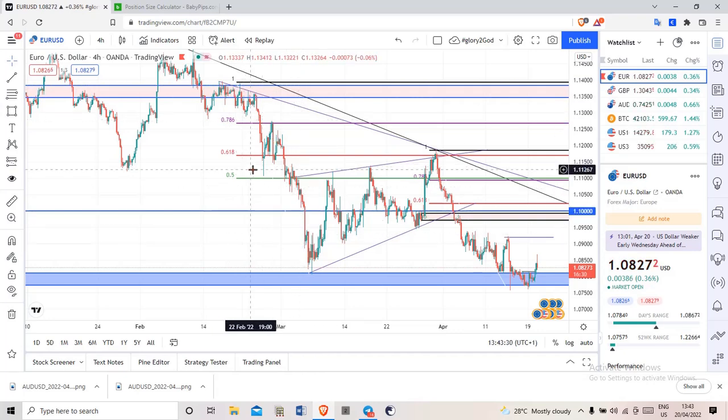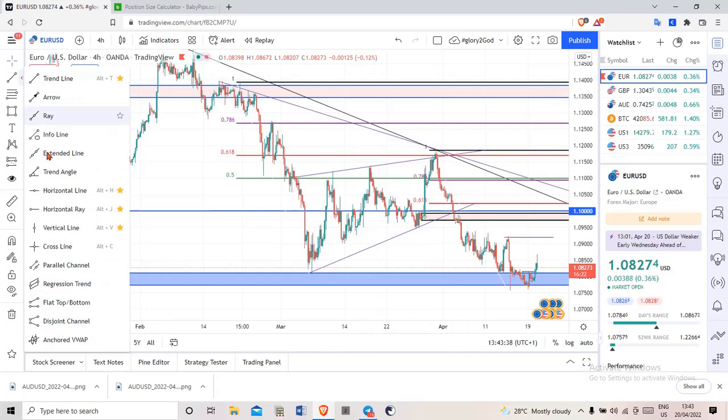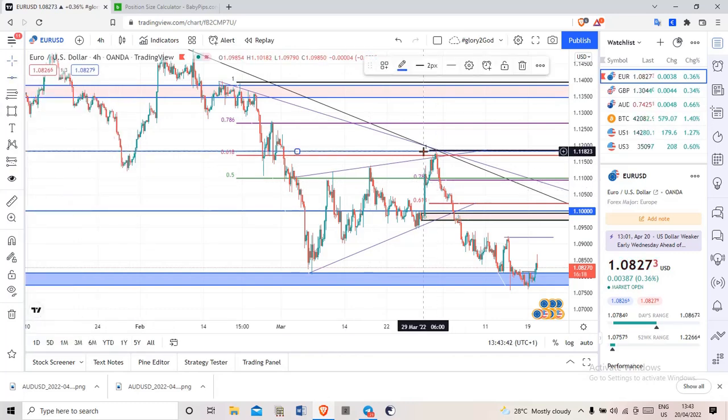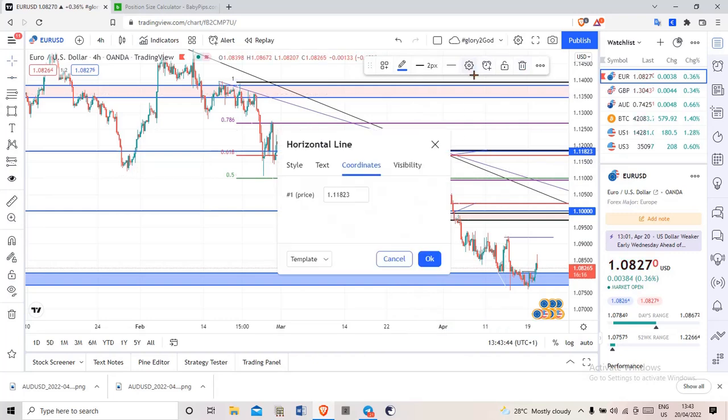Okay. So what do you do next? Because you've drawn it and price is here and the trend line is also confluencing it. We bring out our horizontal line. We drop it here and then we go to our coordinates. What is the closest psychological level? Remember, you delete this. 82, is it closer to 100 or is it closer to 50?